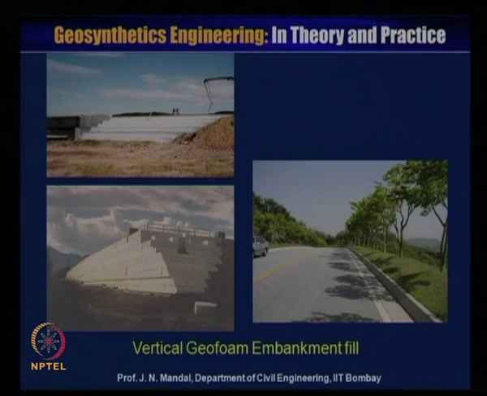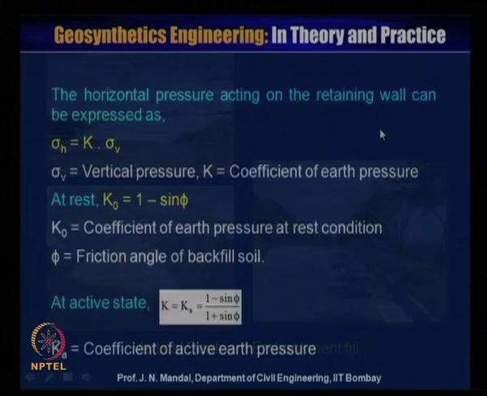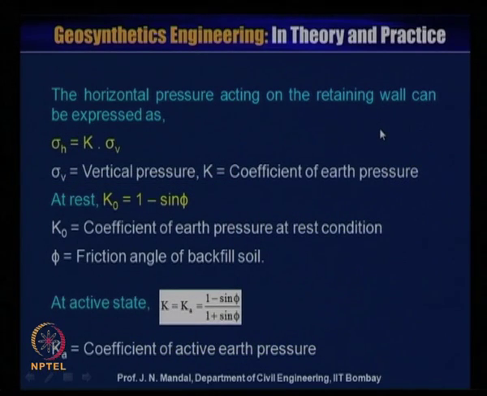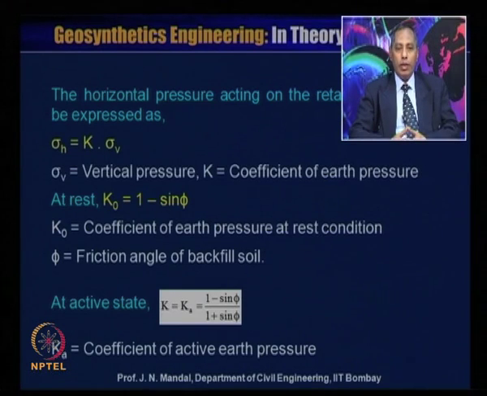You can see here the vertical geofoam embankment field, and this is the road which is made of the geofoam. So the horizontal pressure acting on the retaining wall can be expressed as sigma h is equal to k into sigma v, where sigma v is the vertical pressure and k is the coefficient of earth pressure.